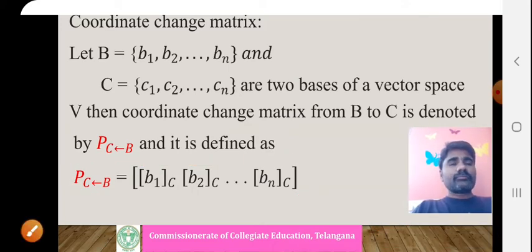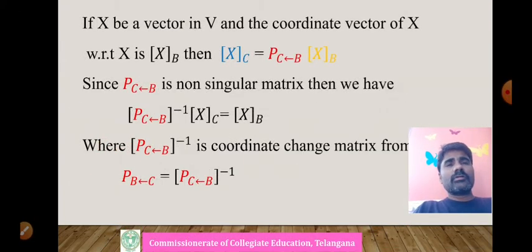Now, if x is any vector in the vector space V, and its coordinate vector with respect to the basis B is xB.